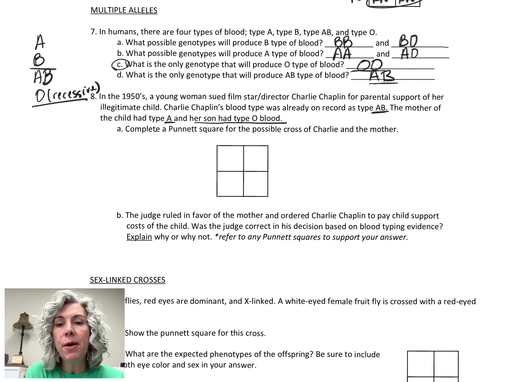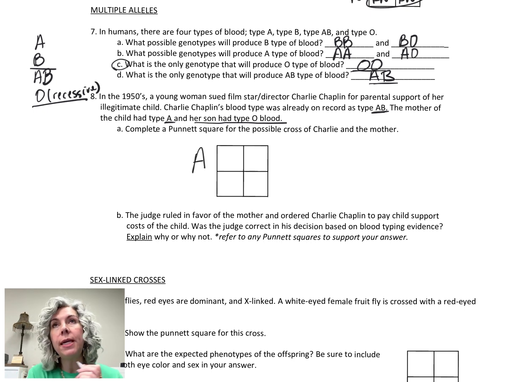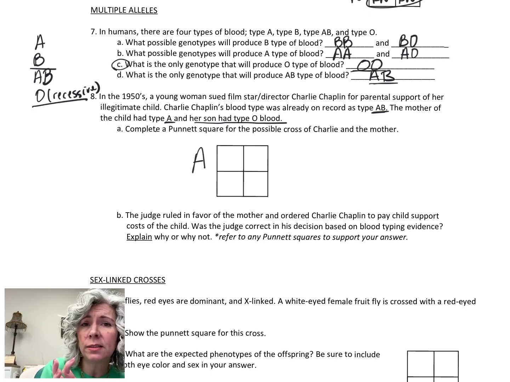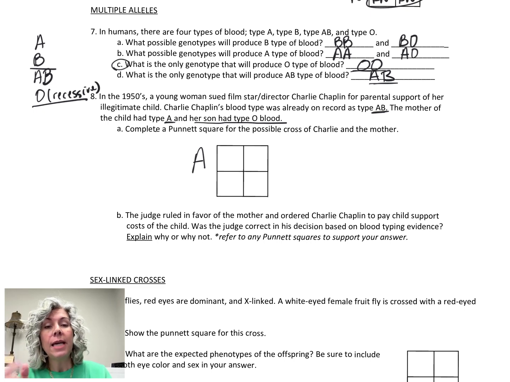It says the mother of the child had type A. Now, it does not tell us if mom is homozygous A or heterozygous A. So you can do this one of two ways. You can just work two Punnett squares and assume, what if she is homozygous? Or what if she is heterozygous? Kind of the rationale that I explained before, knowing off the bat that Charlie is not the father.